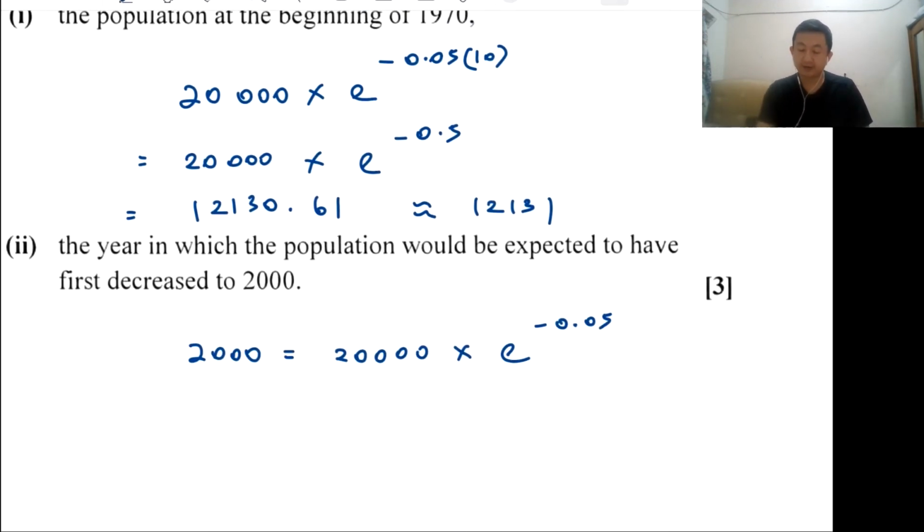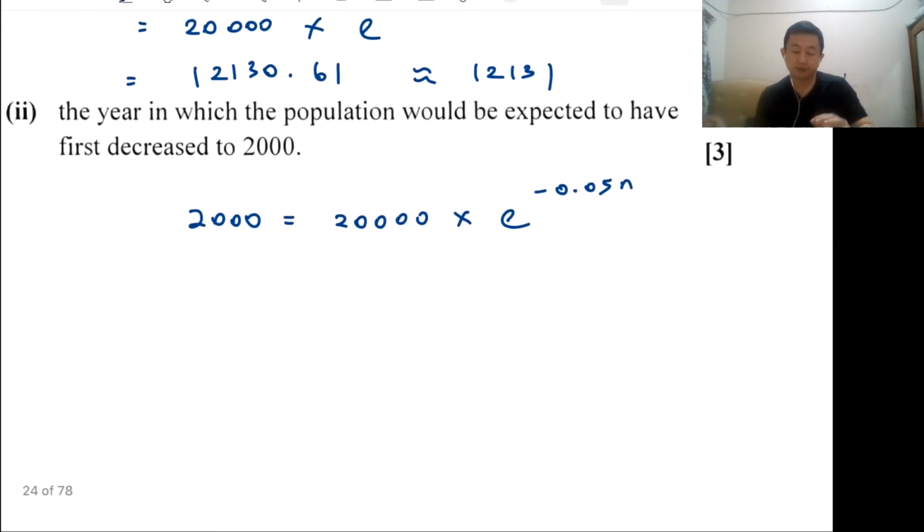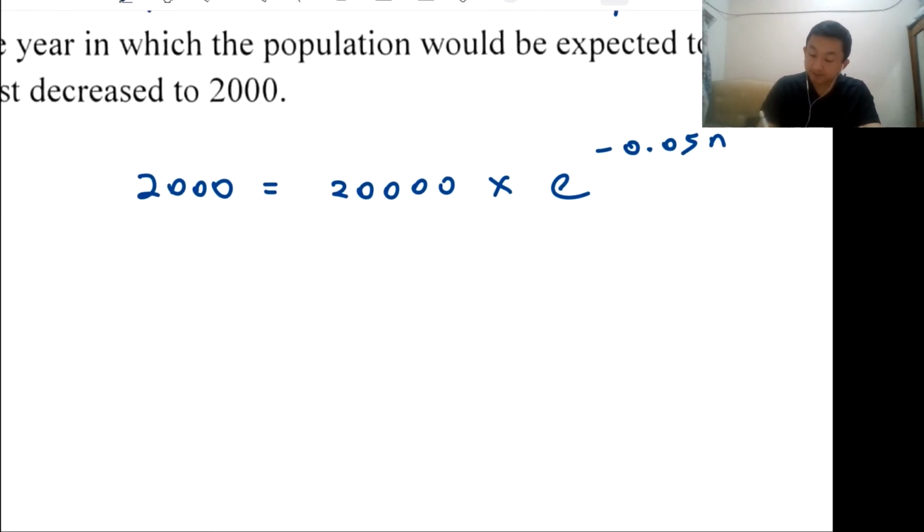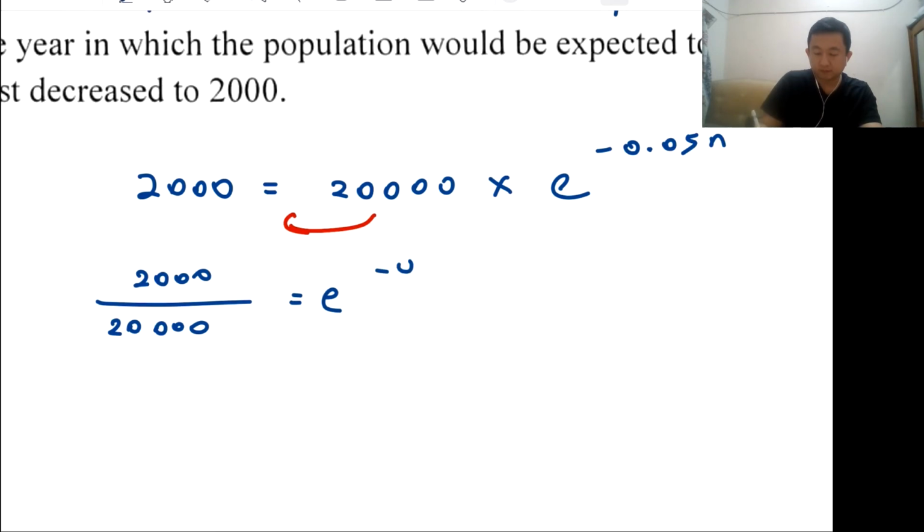So we have to find the n. Solve this one. Simplify it by bringing this over. You have 1 over 10, 0.1.